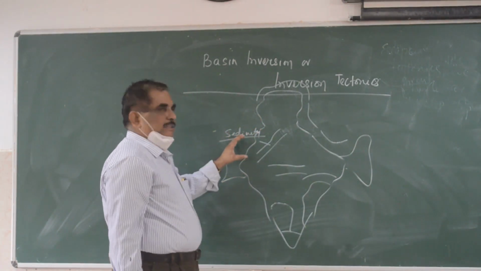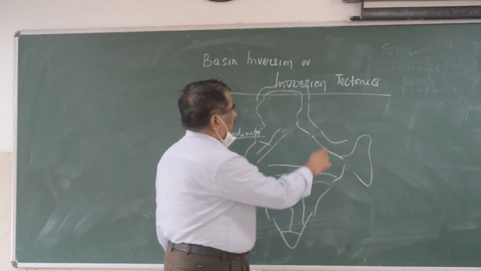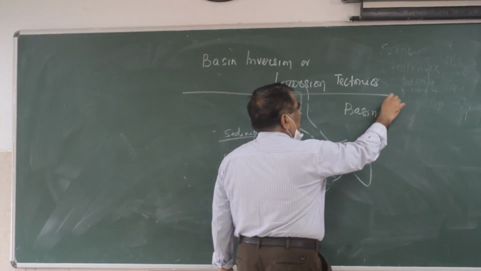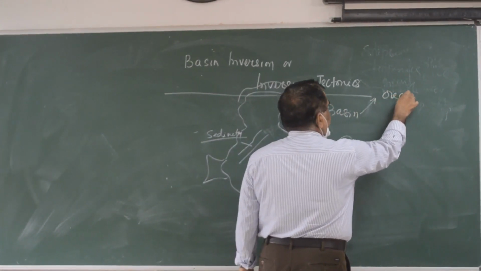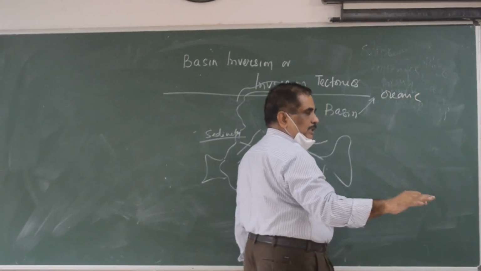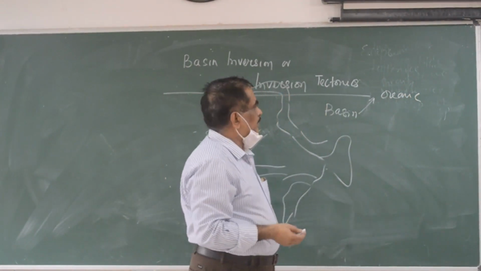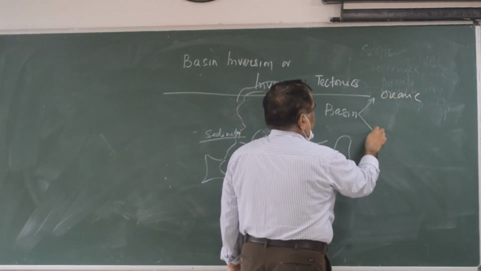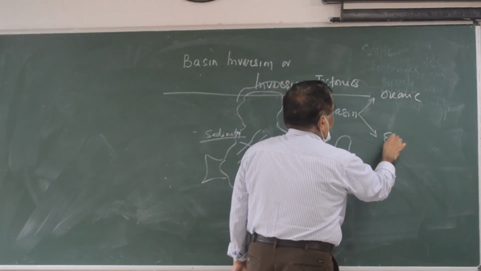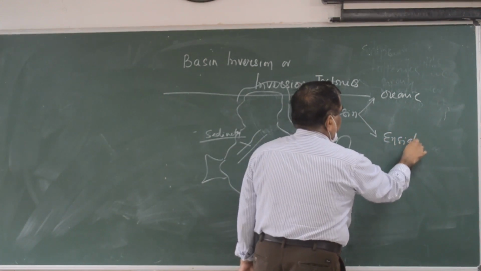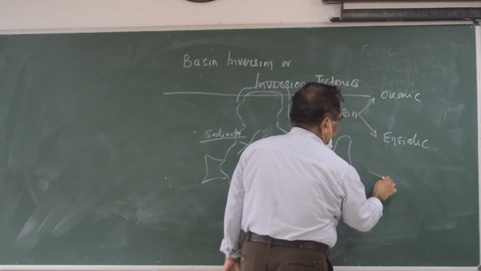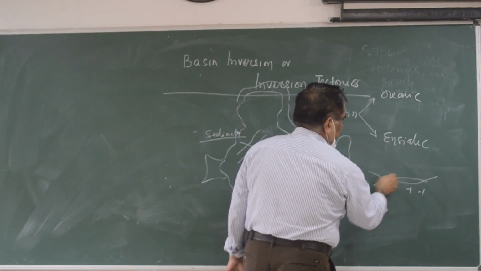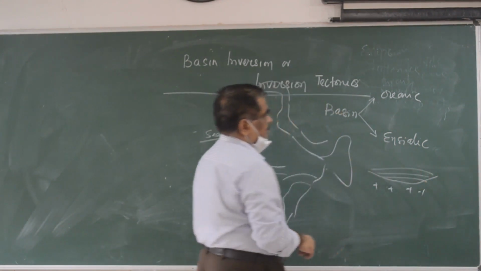So these sediments definitely were deposited in a basin. The basin could be oceanic, where oceanic crust is exposed, just like the Bay of Bengal or Arabian Sea, Indian Ocean, or it could be ensialic, where the basement is granitic and over that the sediments are deposited.